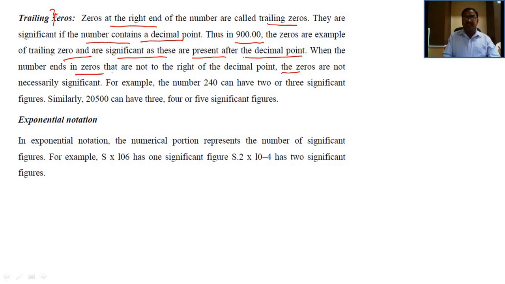When the number ends in zeros that are not to the right of the decimal point, the zeros are not necessarily significant. For example, the number 240 can have 2 or 3 significant figures. Similarly, 20500 can have 3, 4 or 5 significant figures.